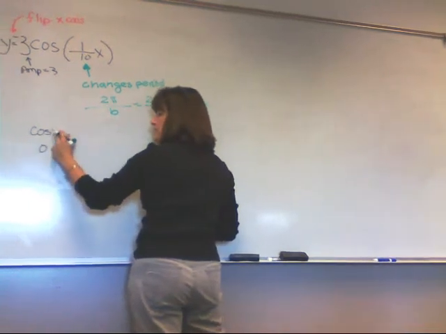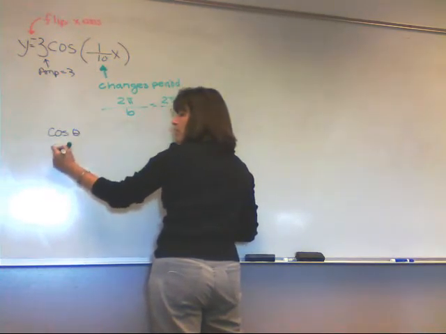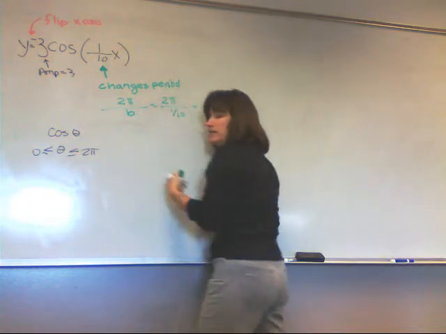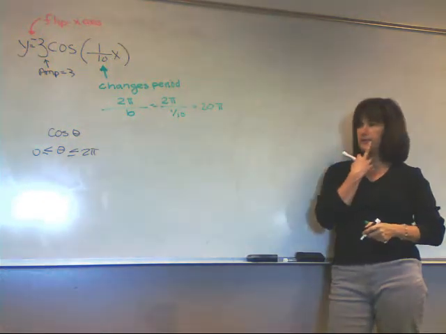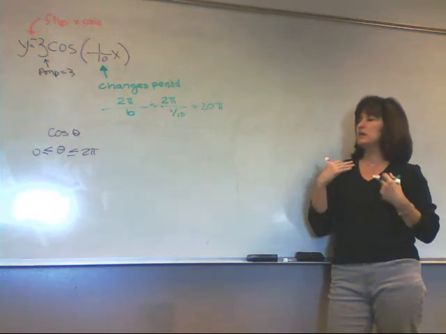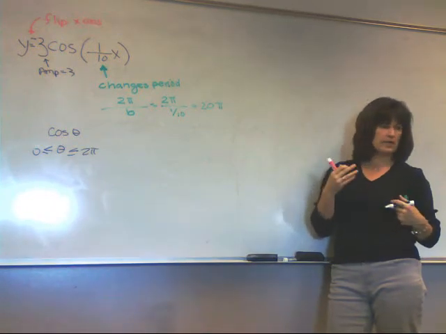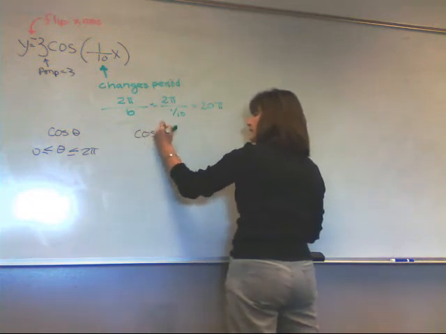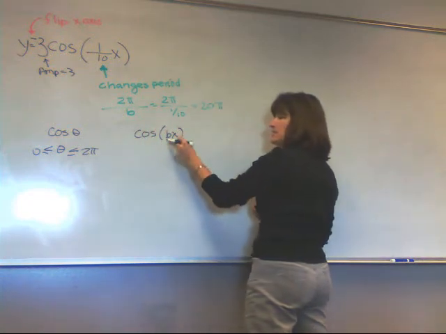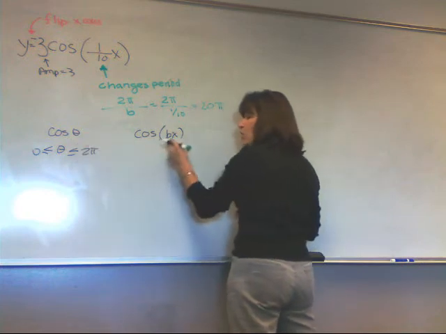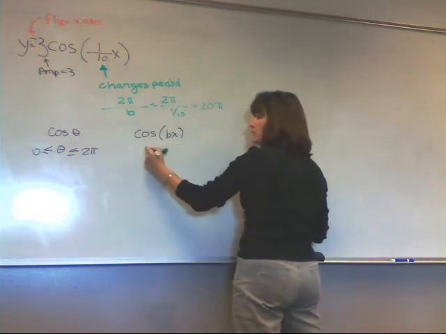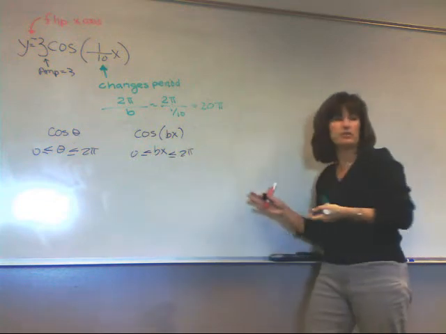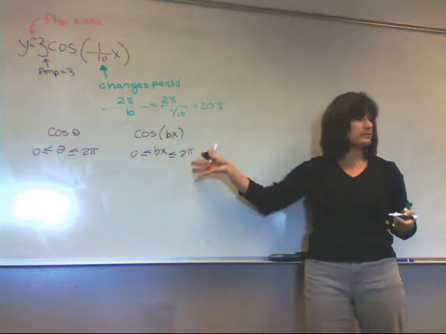So that means, let me call it theta, when that argument goes from 0 to 2 pi, that's one whole cycle. Whatever the argument is, when it goes from 0 to 2 pi, that'll give me one whole cycle. So if the argument is something like this, taking the role of theta, when that argument goes from 0 to 2 pi, that's one whole cycle. So I've just said the same thing twice, right?